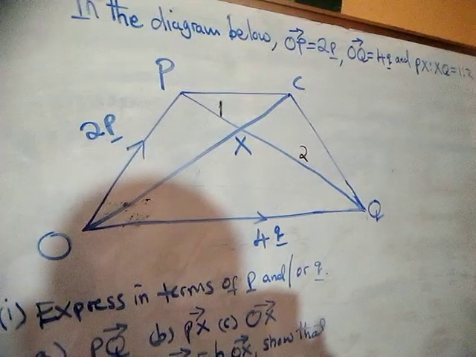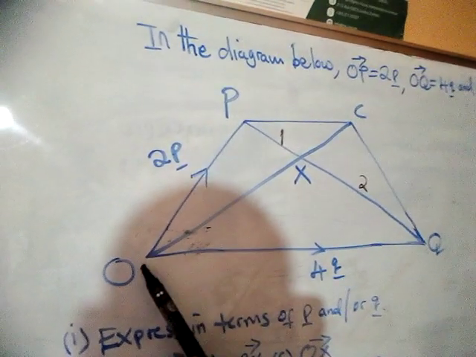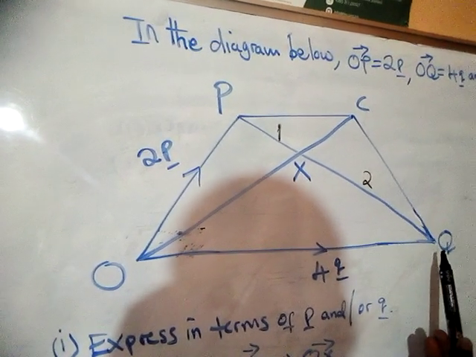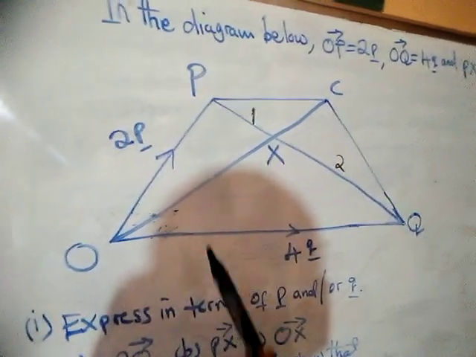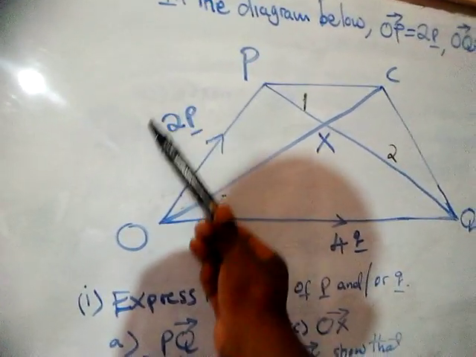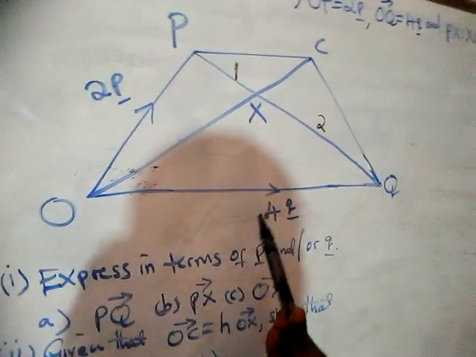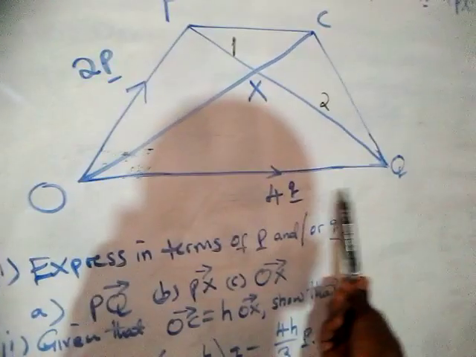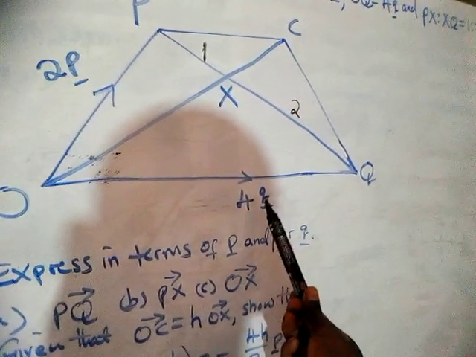For example, to arrive at Q, we're going to move from P to O, from O to Q. But remember, it's important to take note of the direction of the arrows. If you're moving against the arrow, you're going to negate this particular vector, and it will be -2 vector P. But where you are moving along the arrow, there's no need for negating. We're just going to have the positive 4 vector Q.